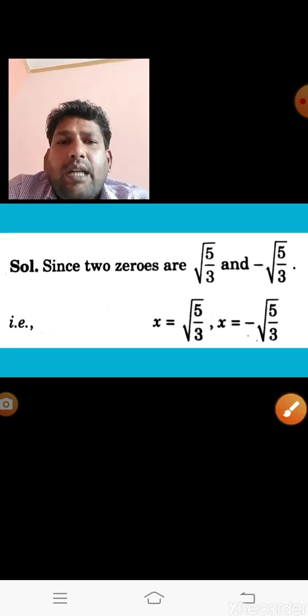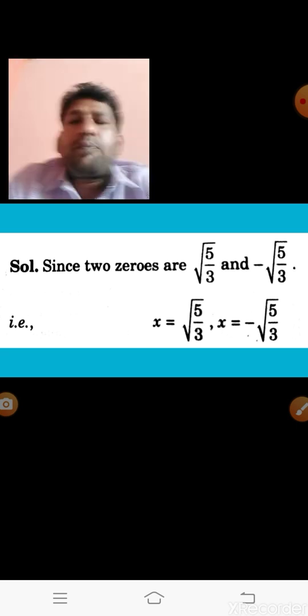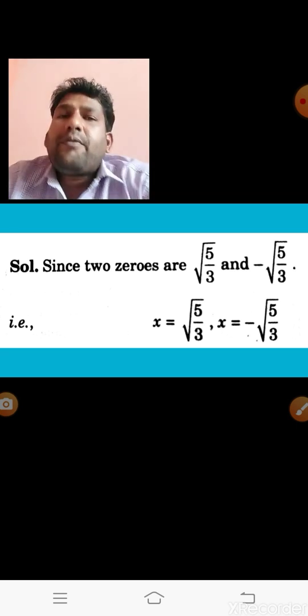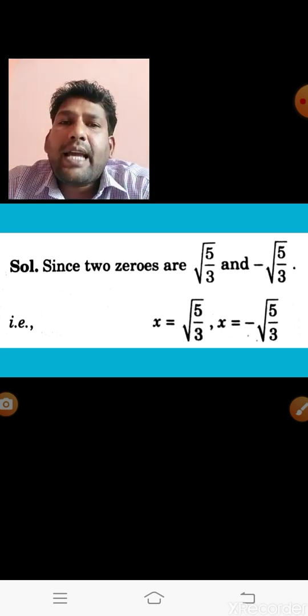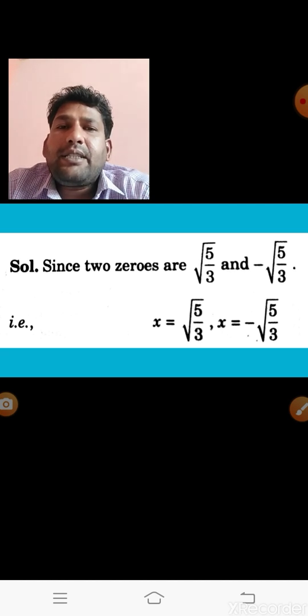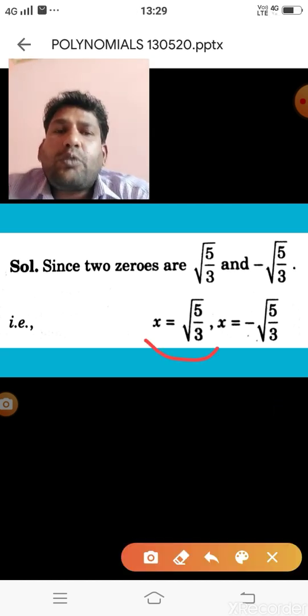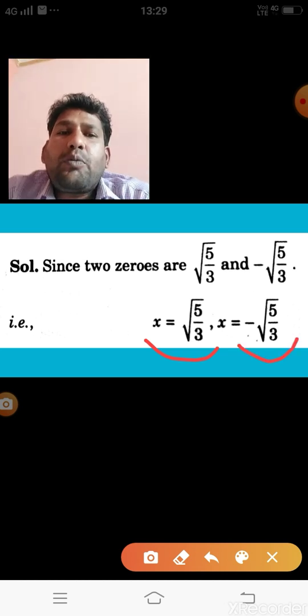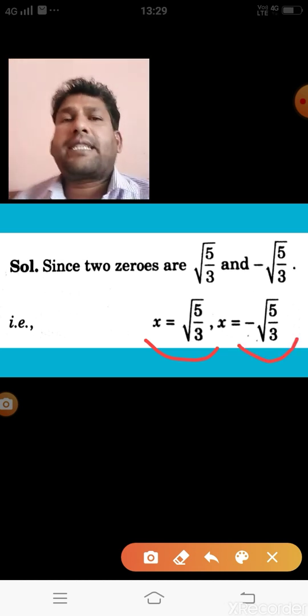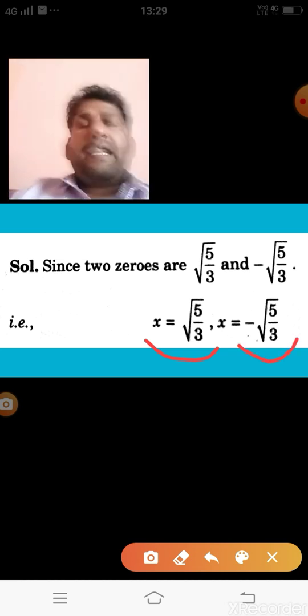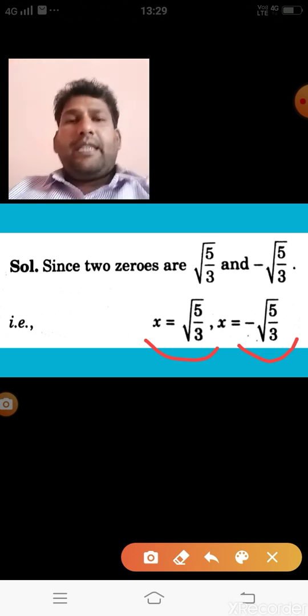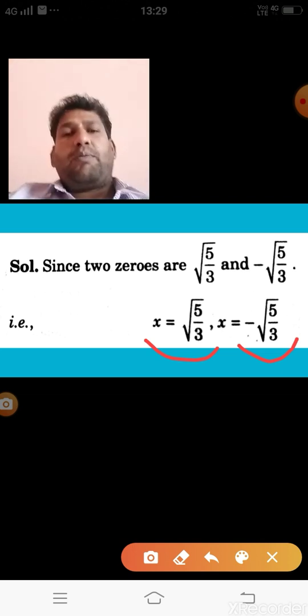Since these two are zeros of the polynomial in the variable x, the zeros are values of x: x is equal to root 5 by 3 and x is equal to minus root 5 by 3.